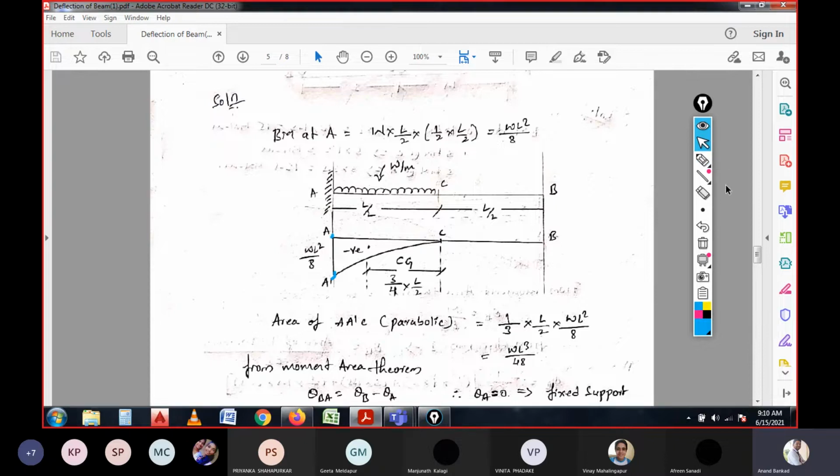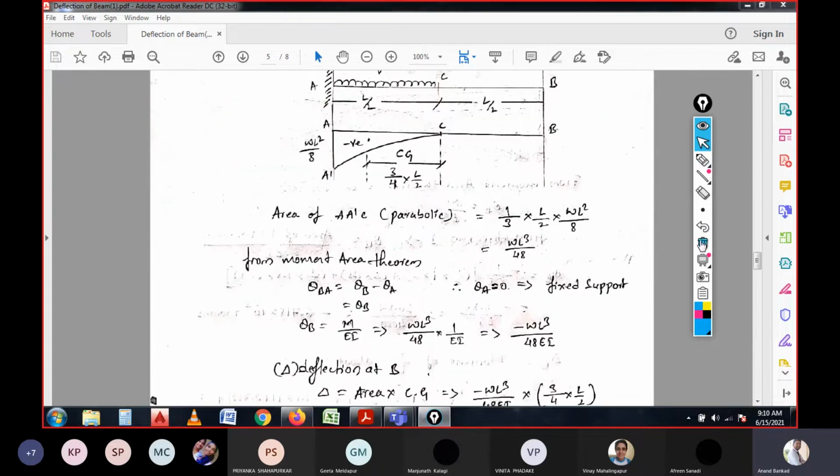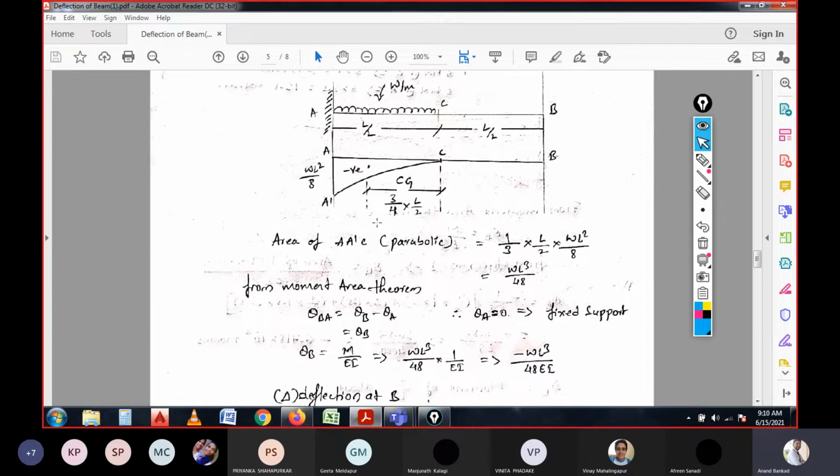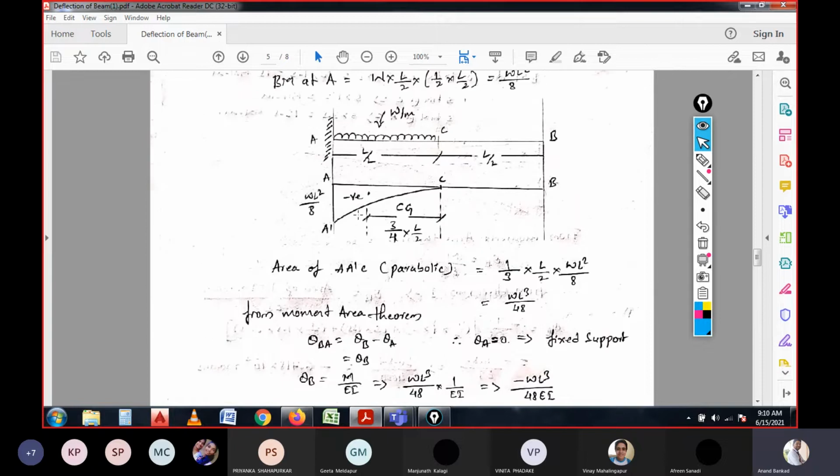So here, if you see, the area of this triangle can be calculated as 1/3 of the base into height. In the case of a normal triangle, that is half base into height. But for a parabolic triangle, we need to consider 1/3 of the base into height.